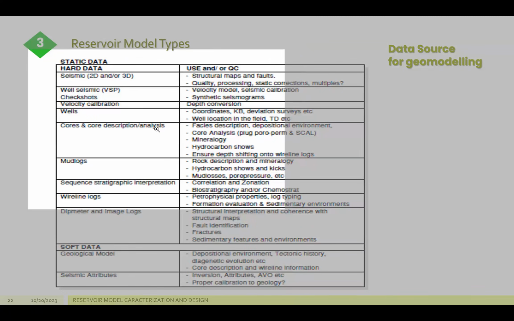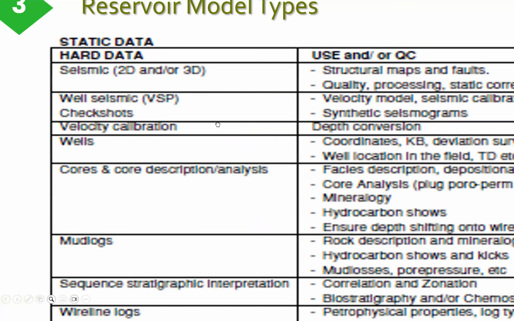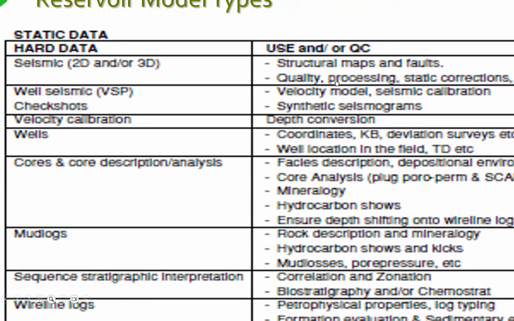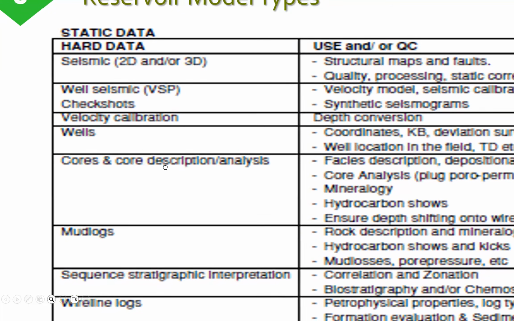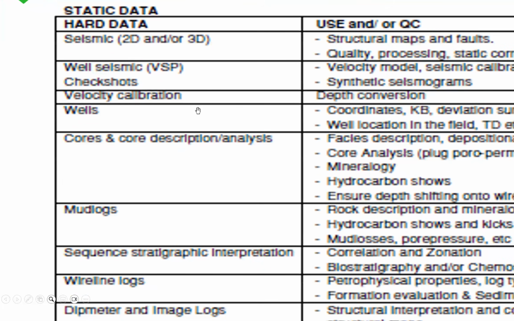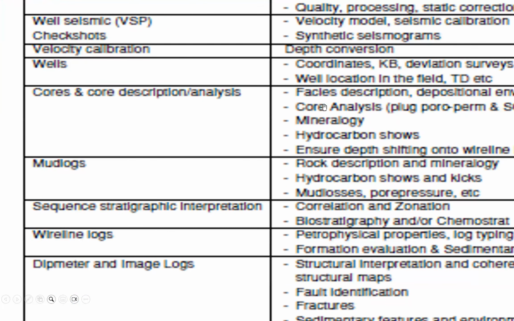In your static model you can have, for example, seismic data. And what do you use that seismic data for? For structural maps and faults, for quality control, processing, and static correlations. I don't want to read all of this. Then cores and descriptions. Why do you use cores and descriptions?